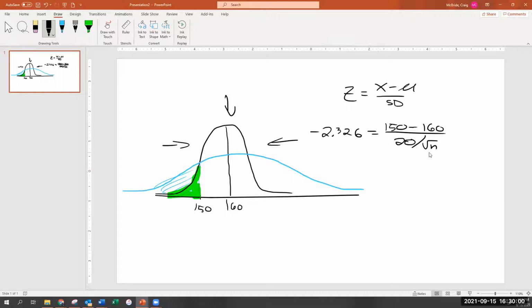Because getting 22.1 says, if you had a sample size of 22.1, then the chances of the average of all of those numbers being less than 150 would be exactly 1%, because this is the z-score that corresponds to having exactly 1% of the area below it. But we can't sample 22.1 people.